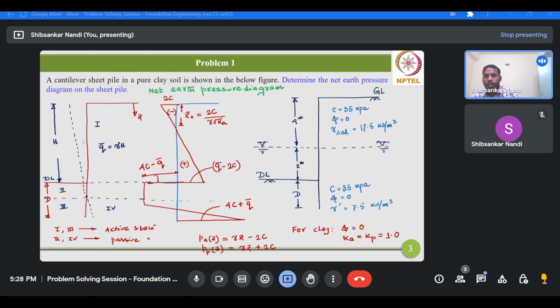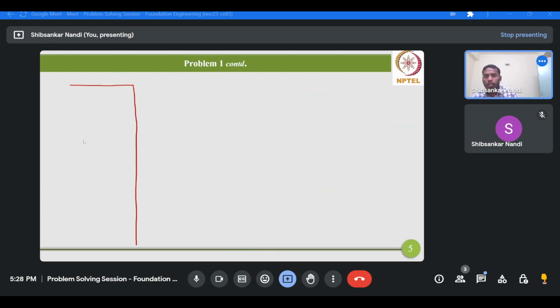The wall is having a total height of 6 meters. This is the water table location, this is the dredge level, and this is the base.